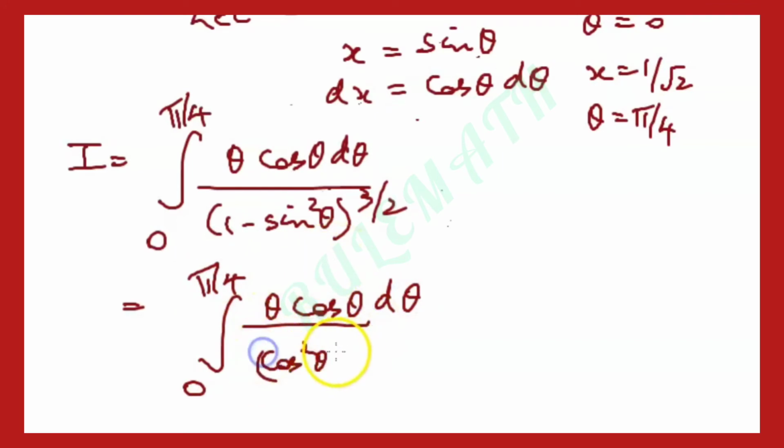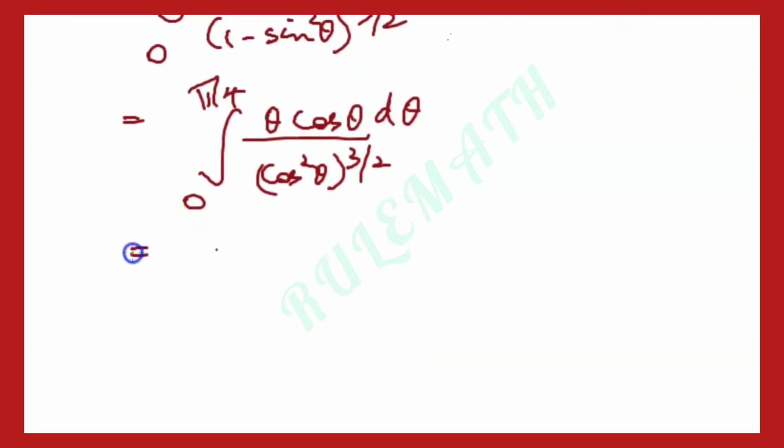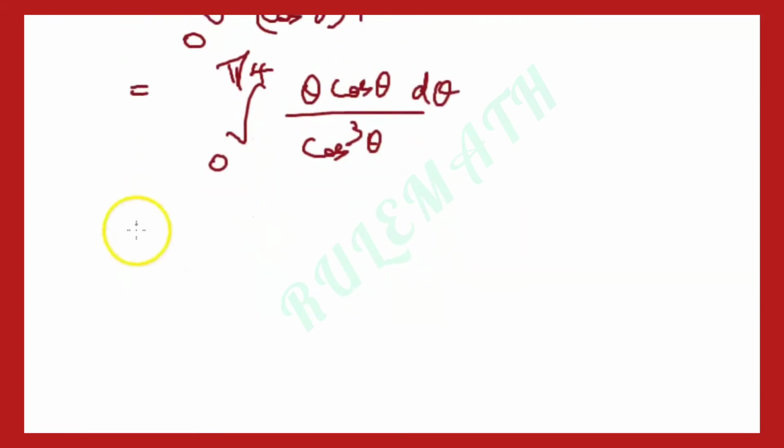So now simplifying the power, we get cos cube theta in the denominator. So theta cos theta by cos cube theta d theta. Let us cancel cos theta, and that will give us theta by cos square theta d theta.